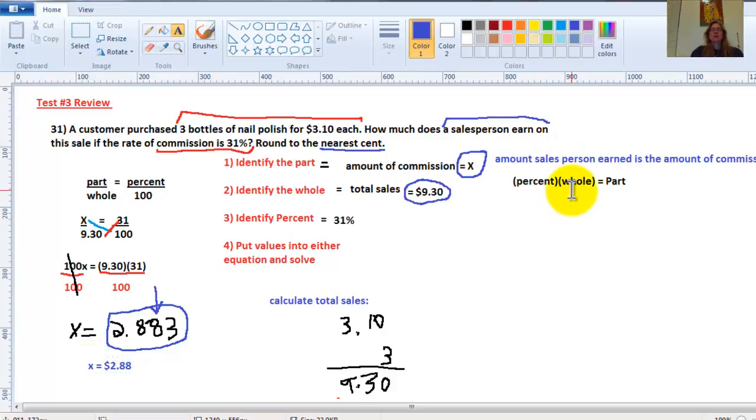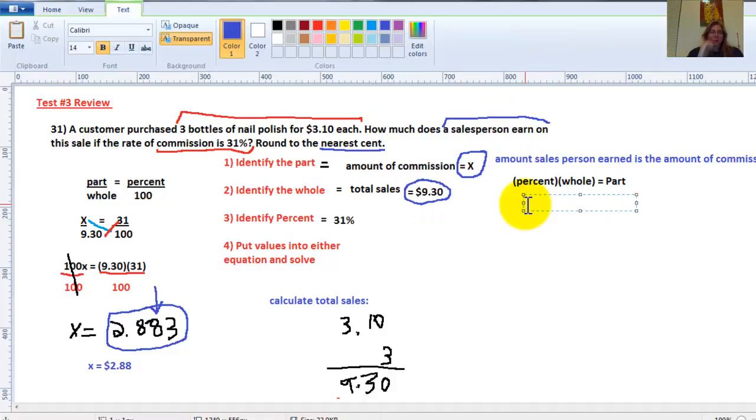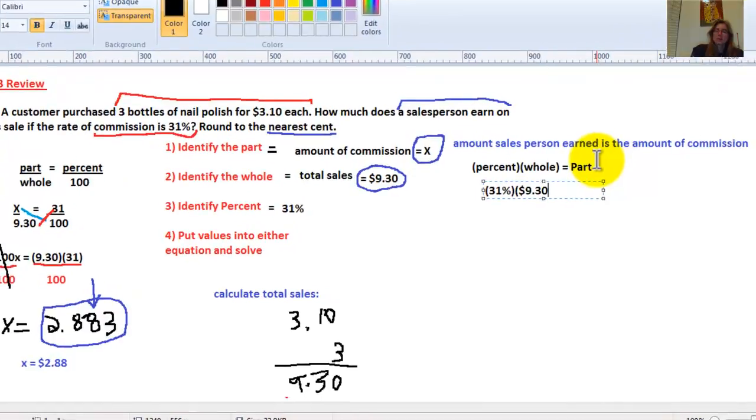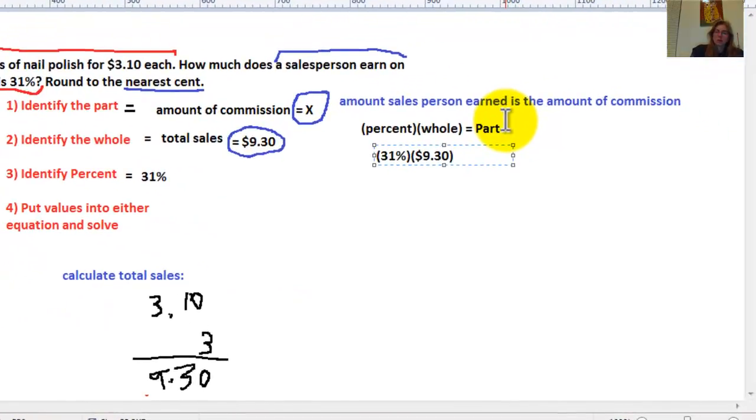Now over here you can take the same information and plug it into this equation, where you would have the percent, which is 31%, but you have to leave on the percent sign, and you're going to multiply that times the whole, which we already calculated as the total sales of $9.30, and that will equal your x.